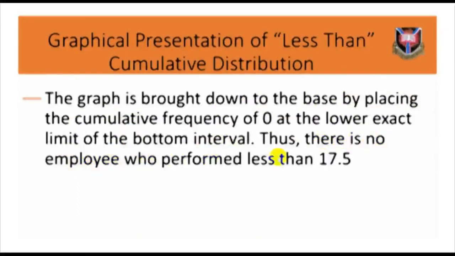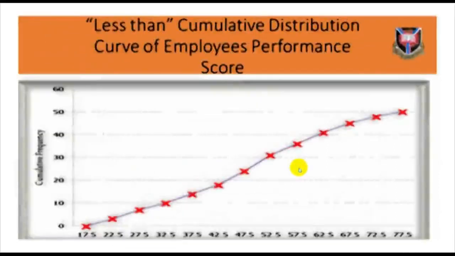Thus, there is no employee who performed less than 17.5. From the graph in Figure 9.2, you can now easily read the number of employees who performed less than any given score. So also, you can read the number of employees who performed more than any given score with a more than cumulative distribution.